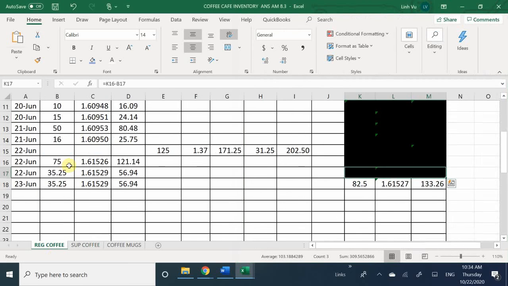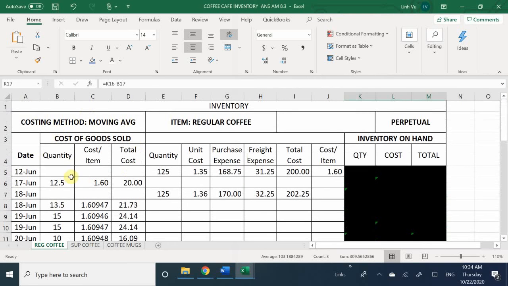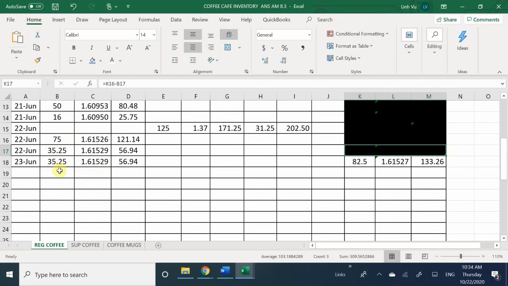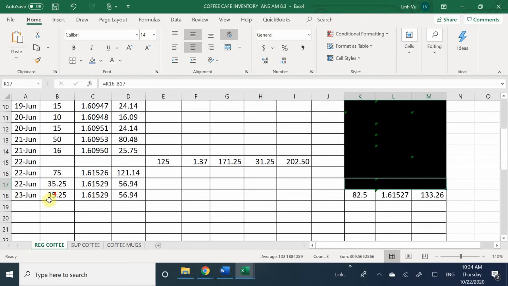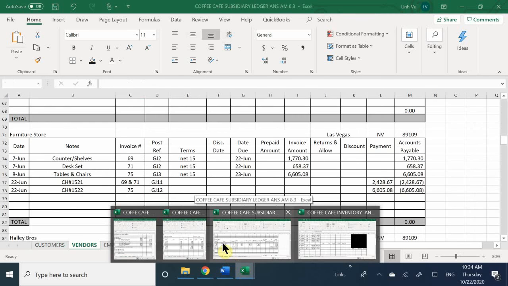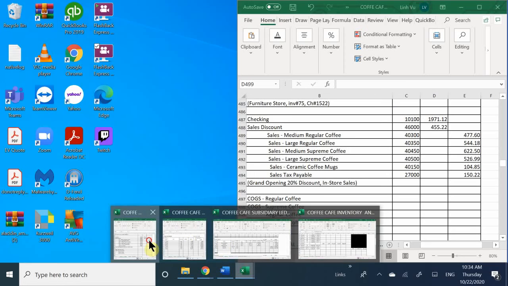If I look at my inventory worksheet, I just solved for my cost of goods sold. All right. So here, for 35.25 pounds, I sold a total of $56.94. Yes, I've calculated it, right? Because it cost me to use that much.